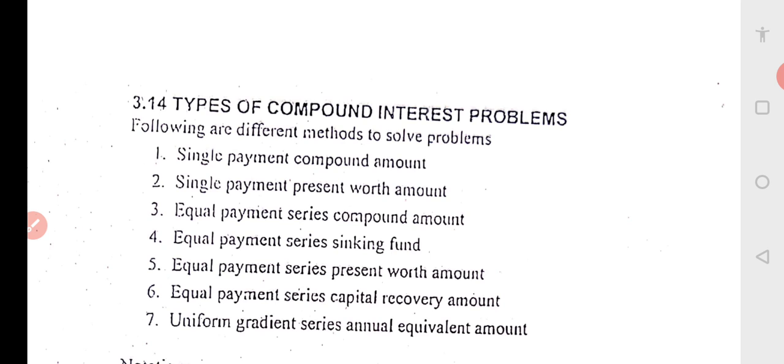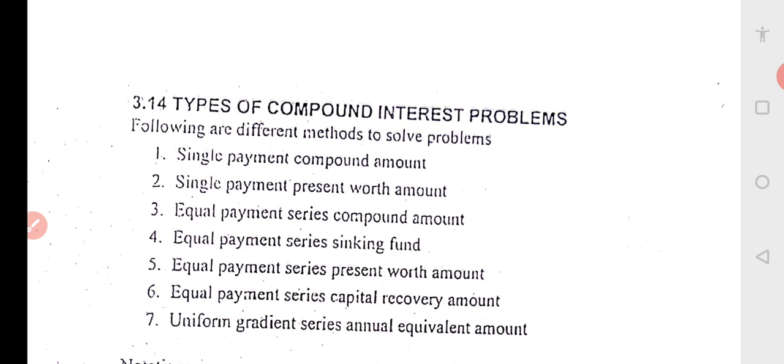I will give a simple example. A person is planning for retirement. He has 8 more years of service. He would like to deposit 15,000 rupees at the end of the first year, and thereafter he wants to increase it. He is retiring after 8 years.